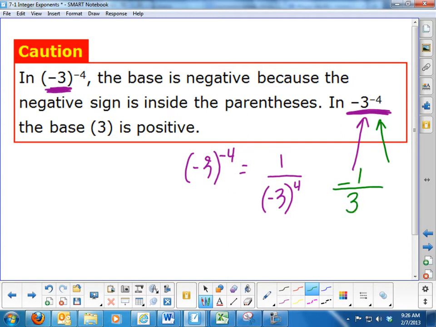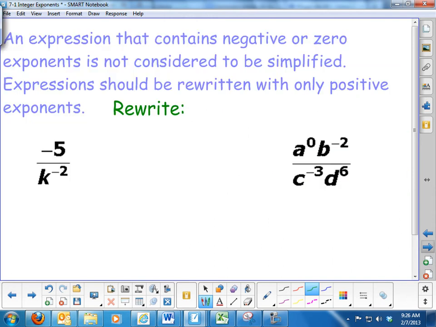The negative stays in the top with a negative 1, and now I have my 3 raised to the positive fourth because I brought it downstairs. My exponent now becomes positive. This answer is going to be negative 1 over, let's see, 3 times 3 times 3 times 3. That's 9. That's 9. So negative 1 over 81, whereas this would give me a positive 1 over 81. Notice that difference, guys.